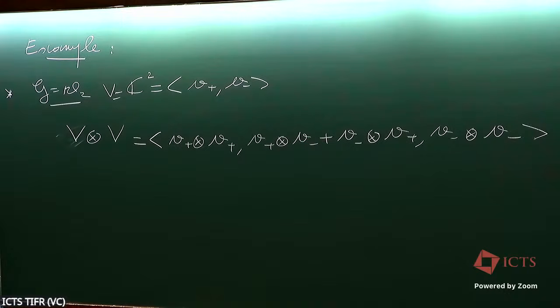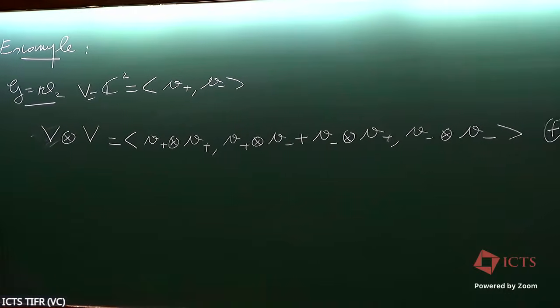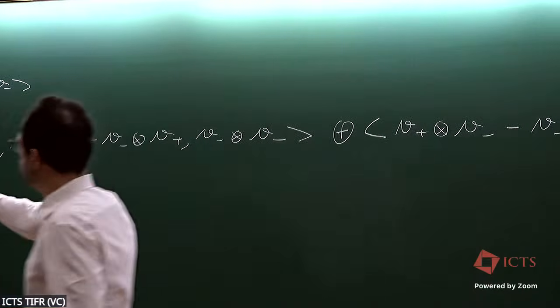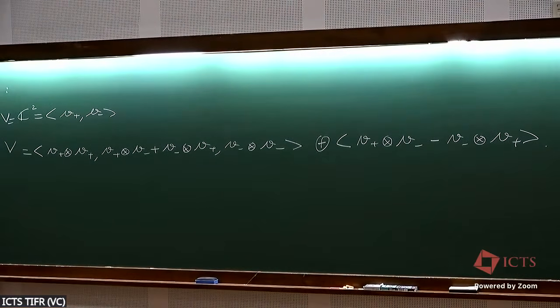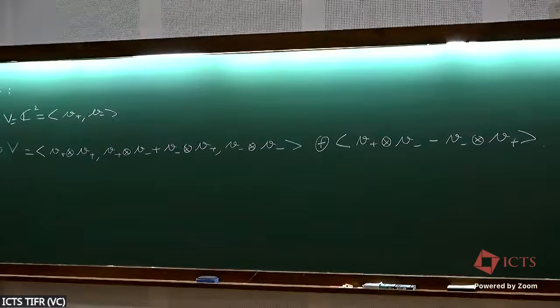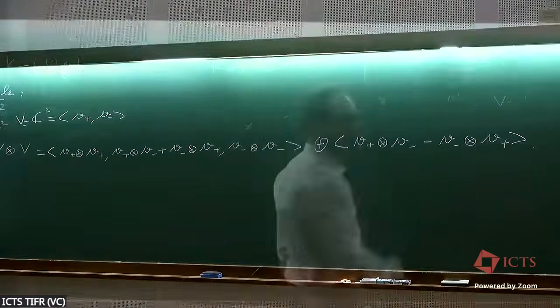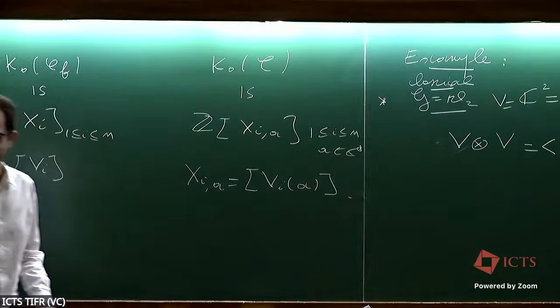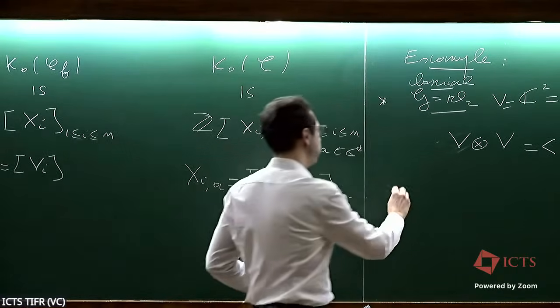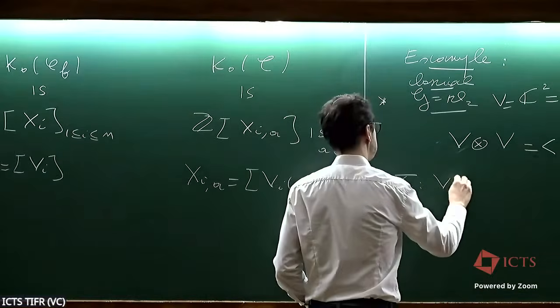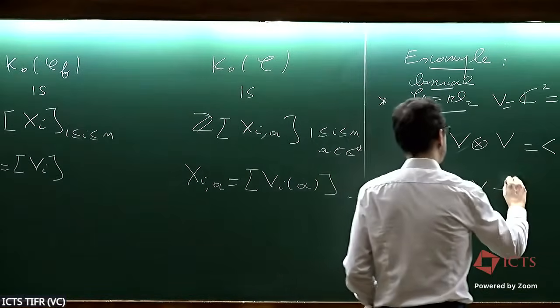So that's the decomposition into semi-simple pieces. This is just SL2, for example, q equal 1 if you want, classical, just to see the difference. And of course, the flip is an automorphism of the representation.